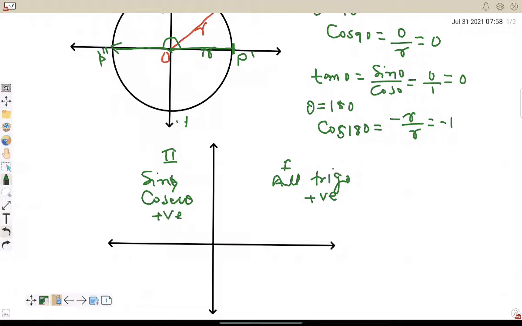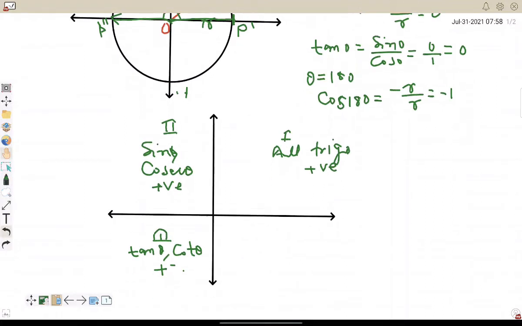In the third quadrant you can check only tan theta is positive. If tan theta is positive, then definitely its reciprocal is also positive. The rest are all negative. Next, in the fourth quadrant you can check only cos is positive.